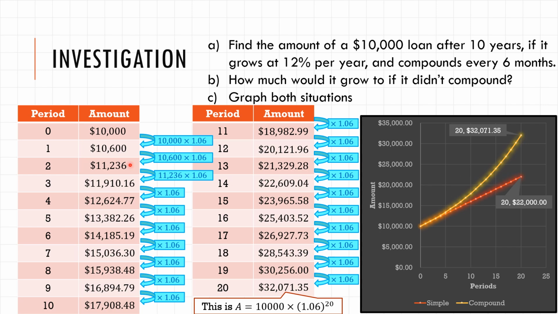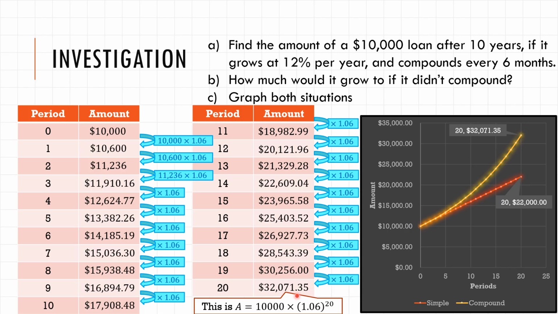But with compound interest, your loan grows very slowly at first, and then it starts to speed up. And now it's getting even faster. It's growing faster and faster and faster. And if you recall, exponential relations work exactly like this. They start off by growing slowly, but then they very quickly speed up and start growing faster and faster and faster.